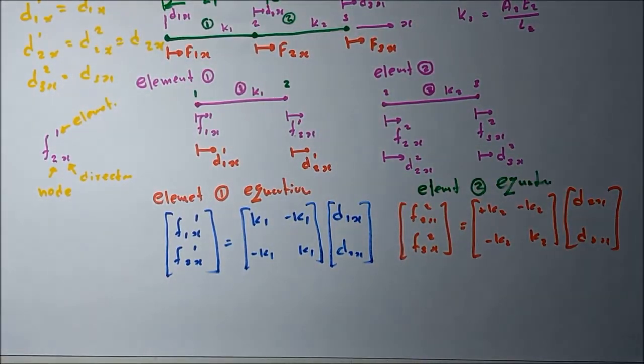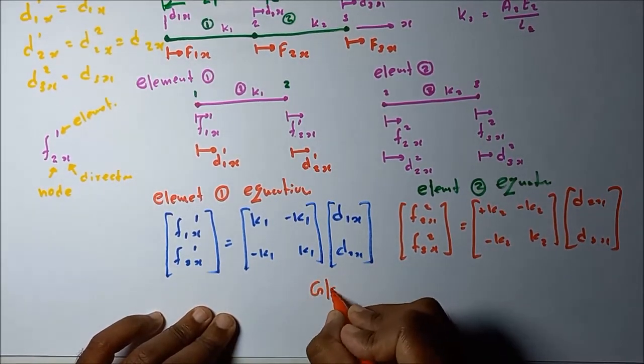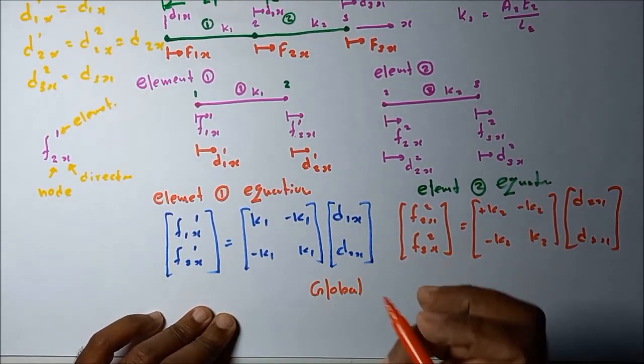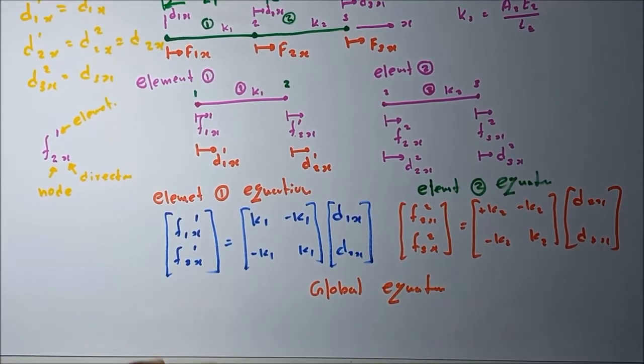Okay, so to obtain the global equation, by assembling these two element equations we can obtain the global equation. How to assemble these equations?